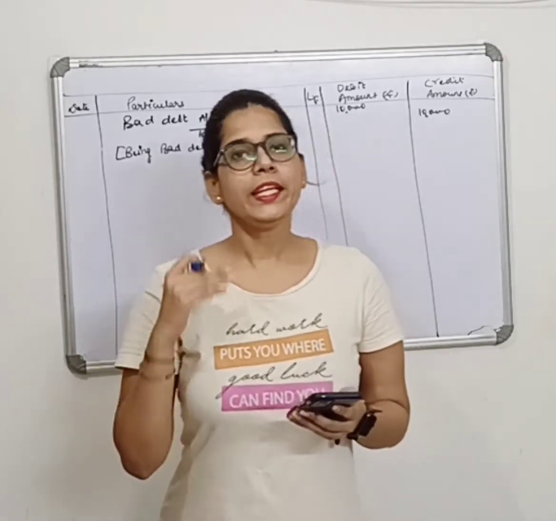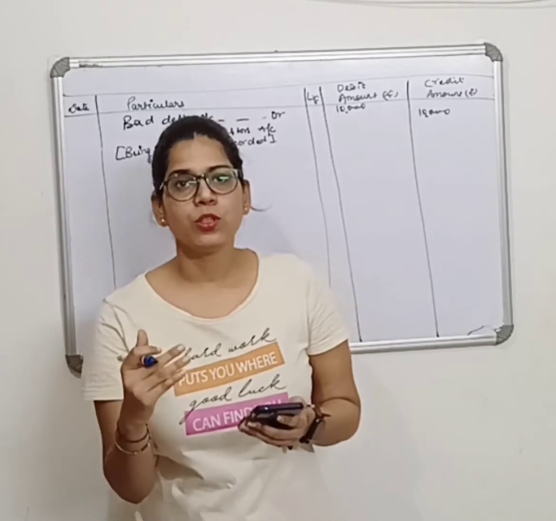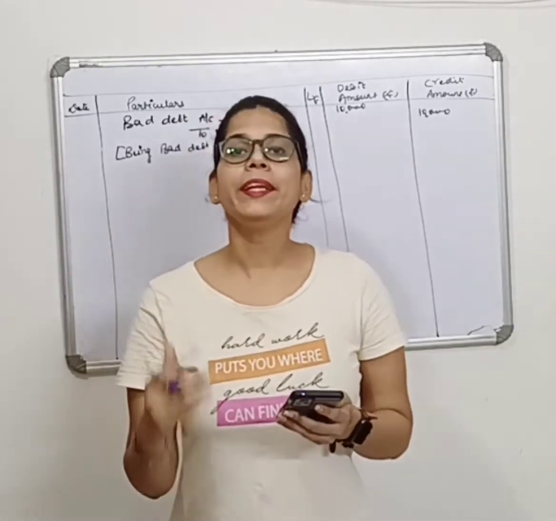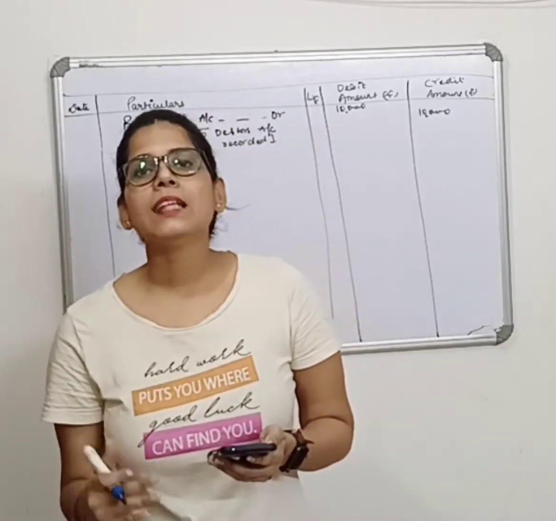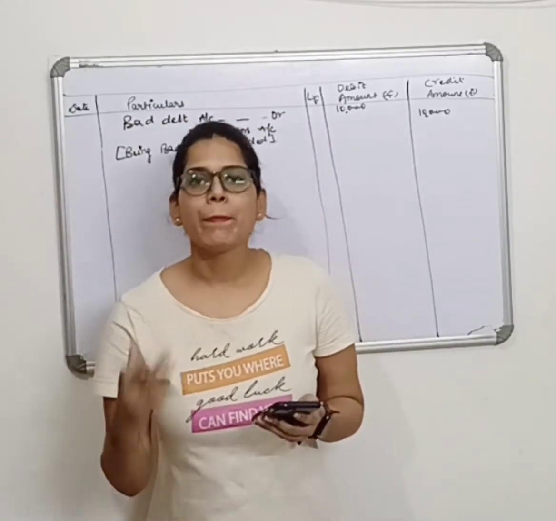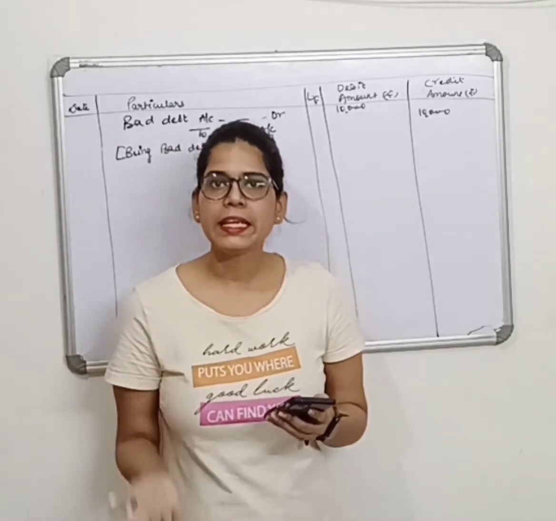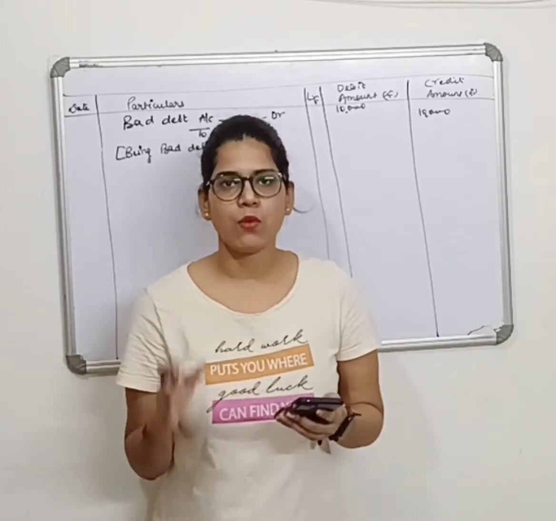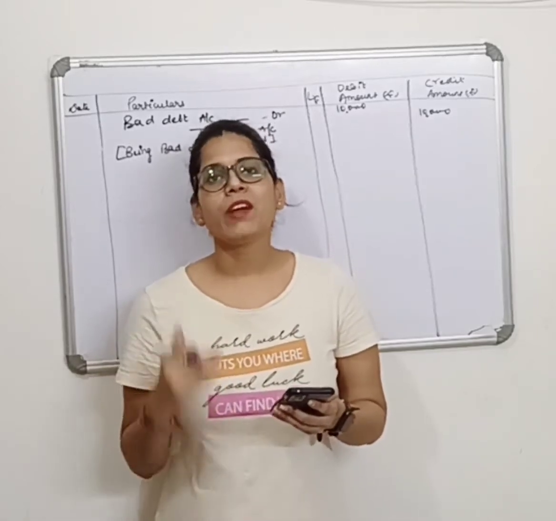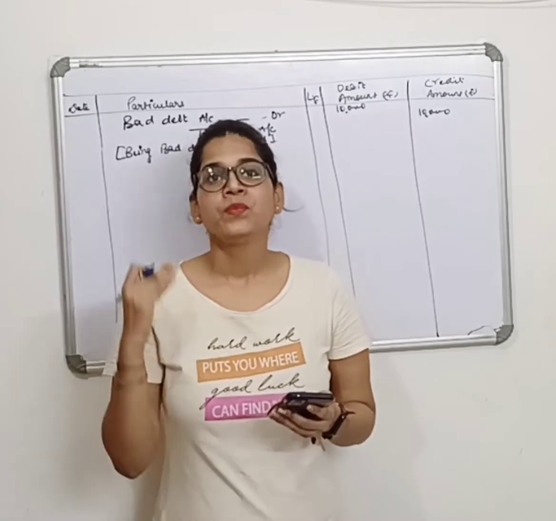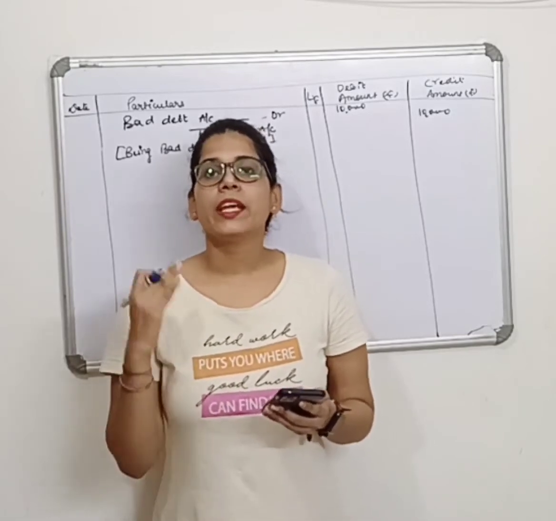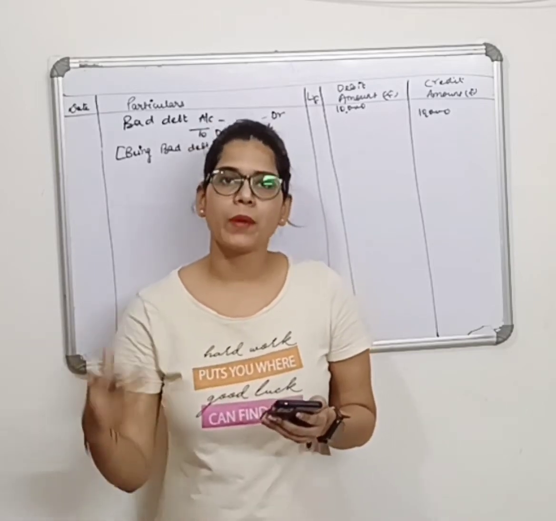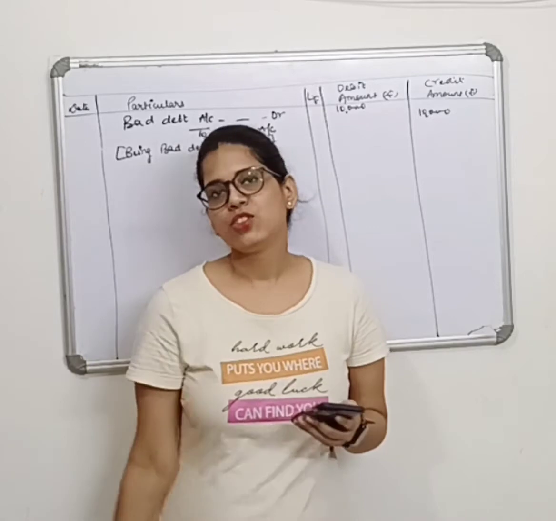The interest that we are giving to the proprietor is an expense for our company, so it will be debited, and as a result the capital account of the proprietor will increase because the amount will be credited to his account. So when we provide interest on capital, the interest account gets debited because it is an expense for us, and the capital account of the proprietor gets credited because its balance is increasing.